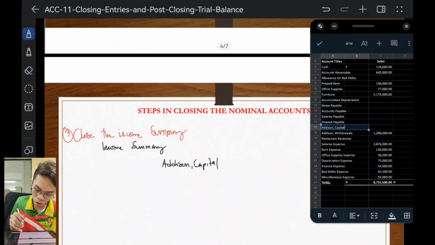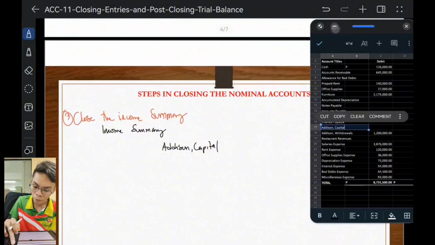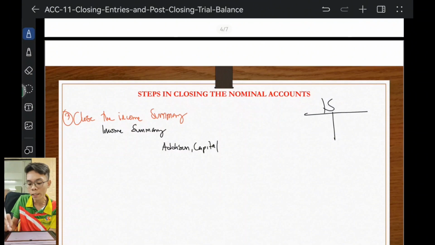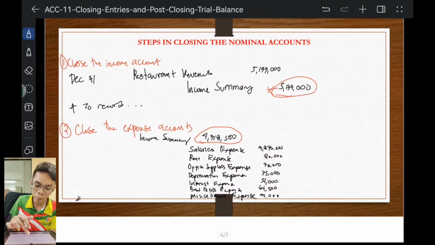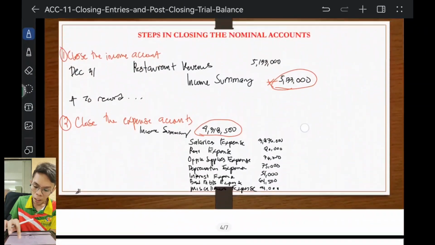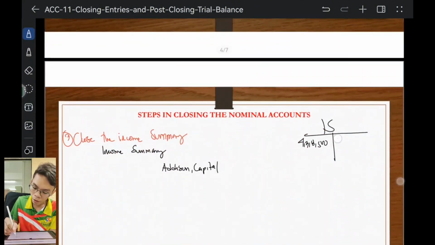Let me just create here the T account. So if this will be your income summary, your debit income summary is 4,318,500, and then credit income summary is 5,133,000.